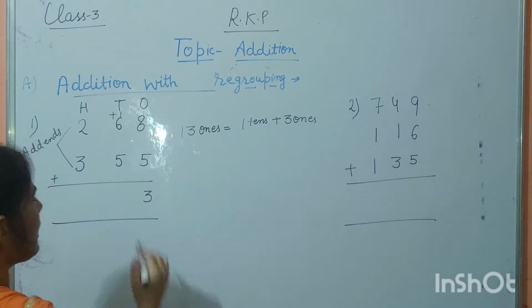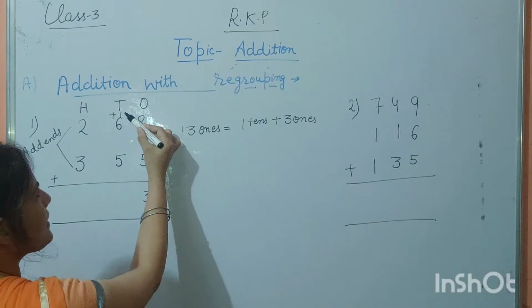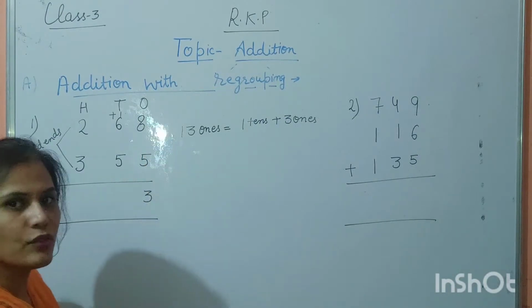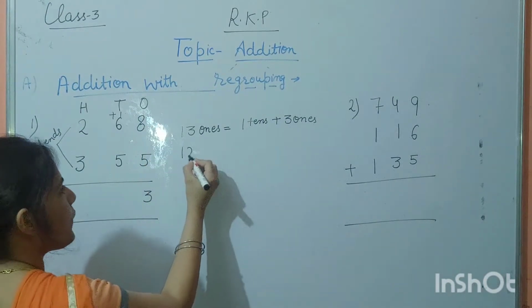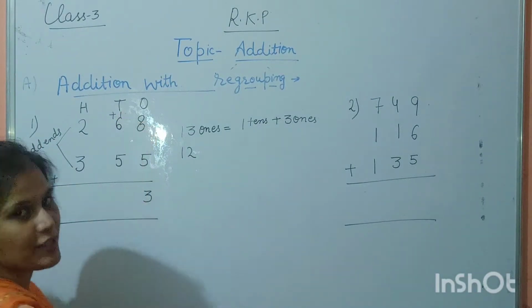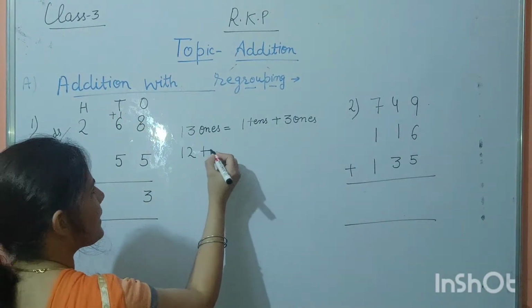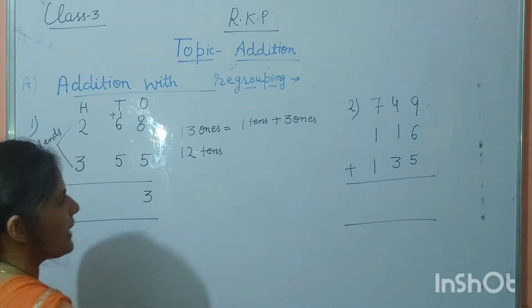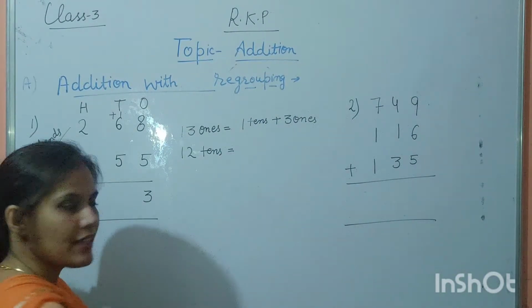Now add it. 6 plus 1, 7. 7 plus 5, 12. This will be 12 tens, not ones, because it is at the tens place. Now again regroup it.